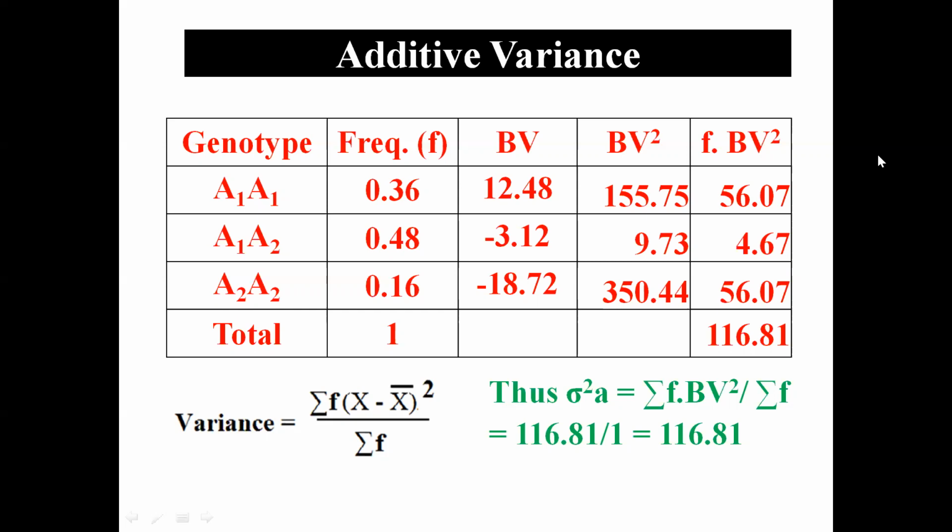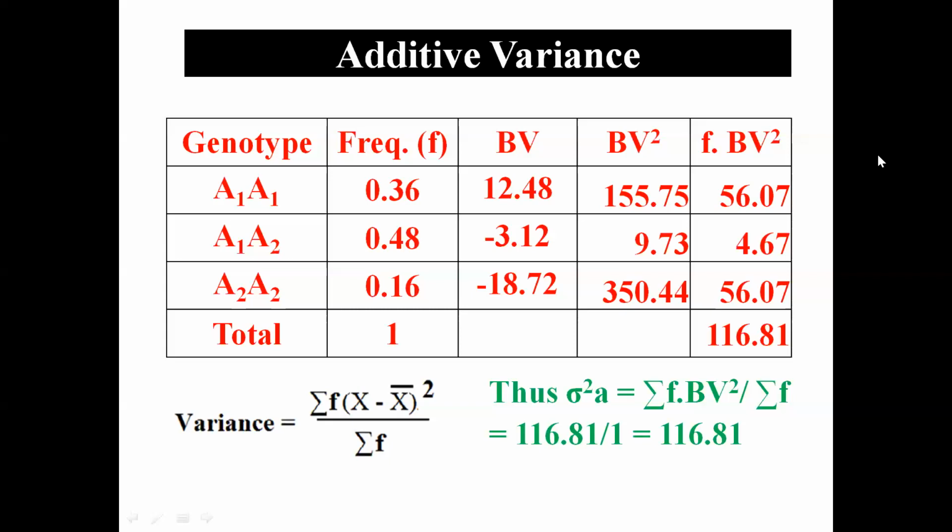Here is our basic formula of variance, that is sigma f (x minus x bar) whole square divided by sigma f. Here our breeding value is just equivalent to x minus x bar. I have already told several times that x minus x bar means deviation from mean, and our breeding value is already a deviation from mean.